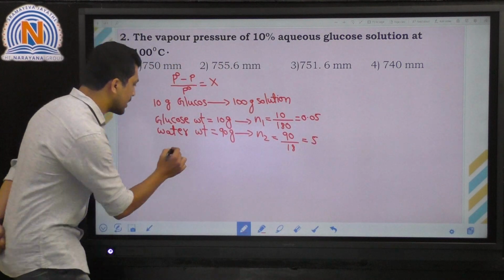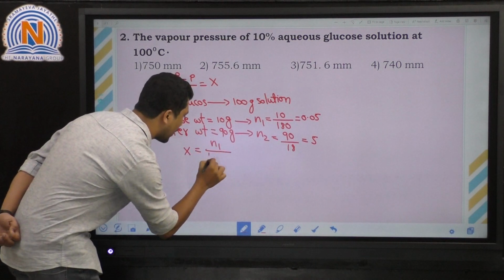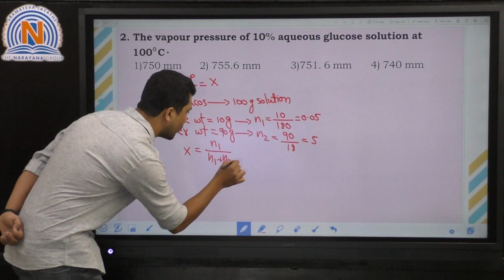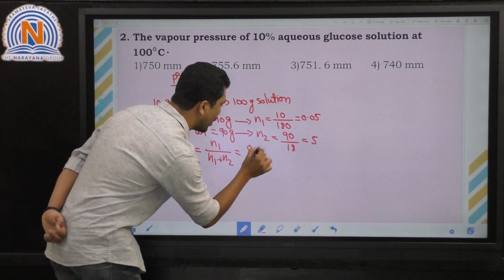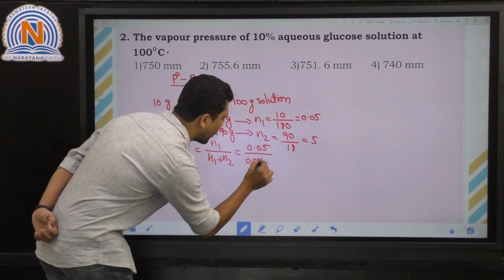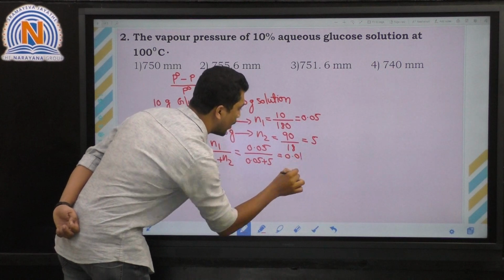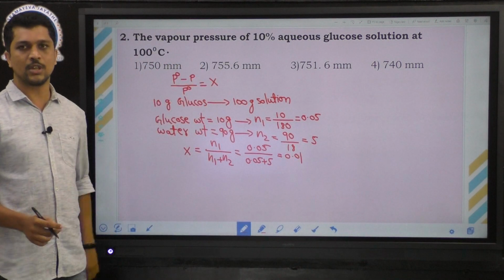Then the mole fraction X equals N1 by N1 plus N2, which is 0.05 by 0.05 plus 5, equal to 0.01.